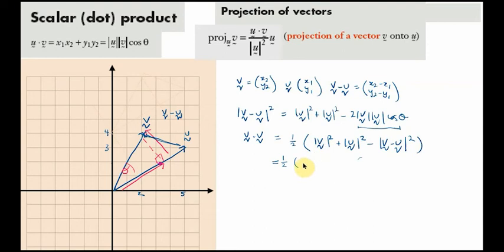So v squared is x2 squared plus y2 squared. u squared is x1 squared plus y1 squared, and then minus the magnitude of v minus u all squared, which is x2 minus x1 squared, put that in brackets, plus y2 minus y1 all squared.